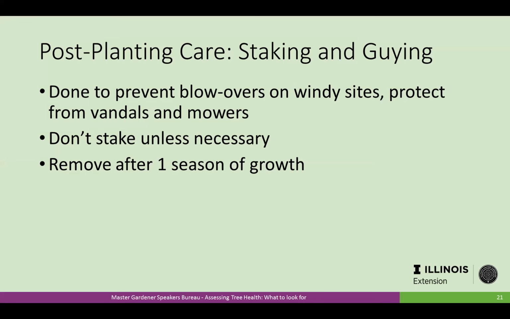Its purpose is to keep that tree up straight. And the tree is like a muscle. It needs to move around. It needs to shift in the wind and all of those things to gain caliper. Again, that's the fatness of that trunk. So if you prevent that from happening, you'll just get a kind of spindly and skinny tree.